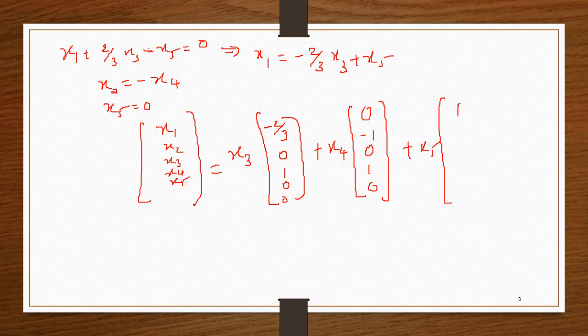Then we have the second equation, which we got as x2 equal to minus x4 plus 2 times x5. So here we can write the vector as 1, then 2, 0, 0 and 1.